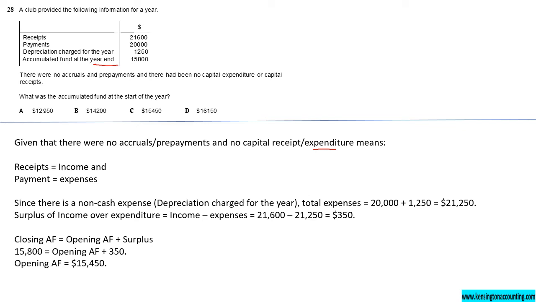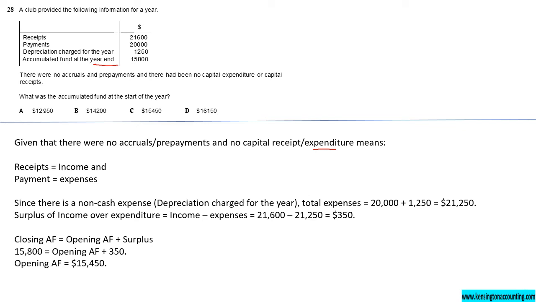And also because there were no accruals or prepayments relating to these expenses, all the payments related to expenditure which were incurred during the year.